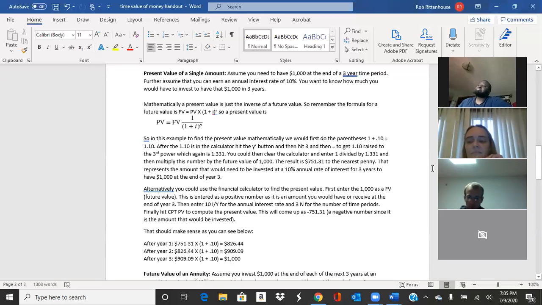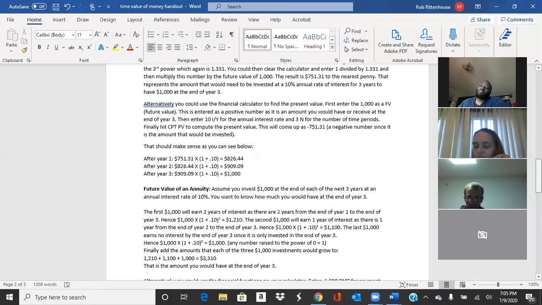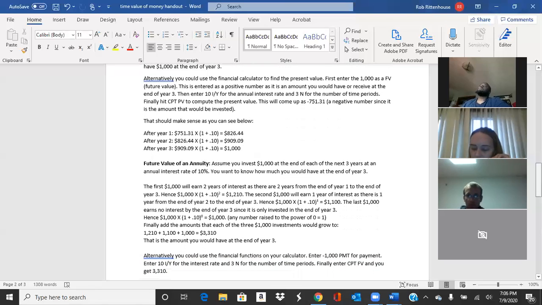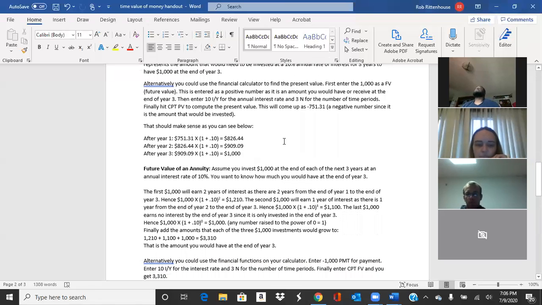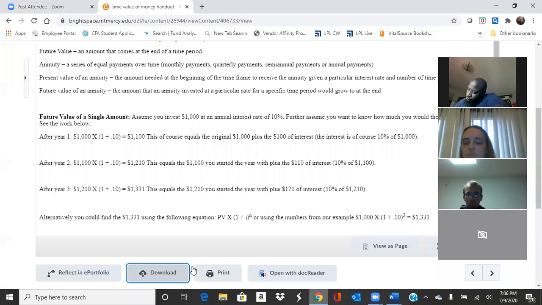Now, alternatively, you could use the financial calculator to find the present value. Enter the 1,000, since this is coming at the end of the 3 years, as a future value. One thing I should point out to people, let me download something else.